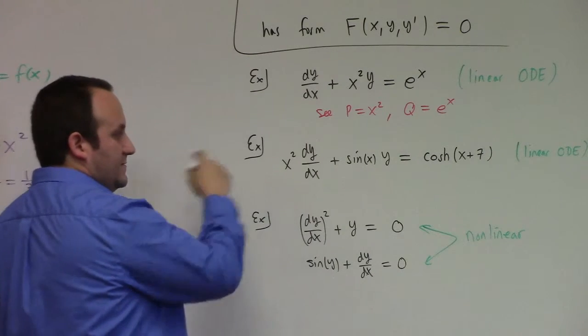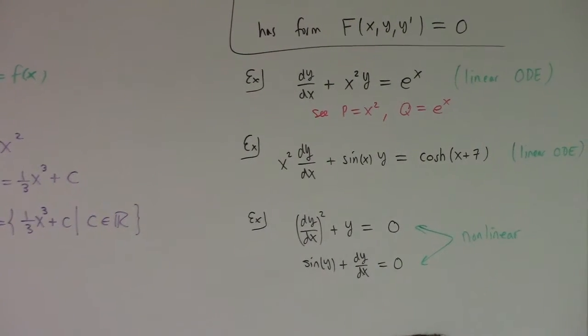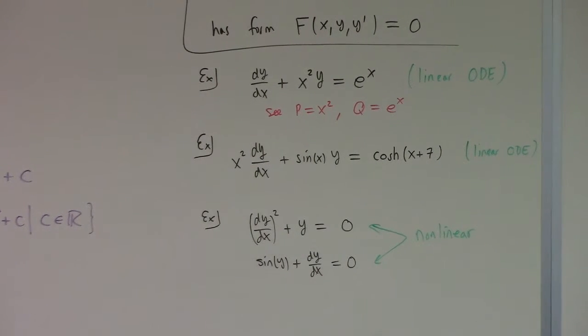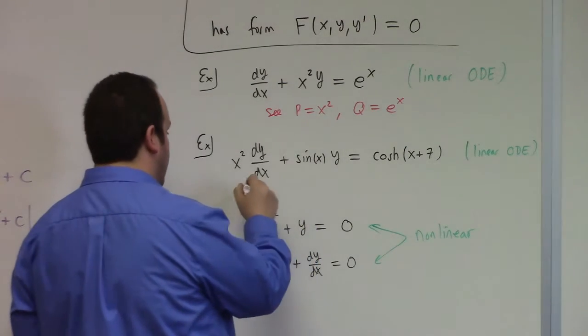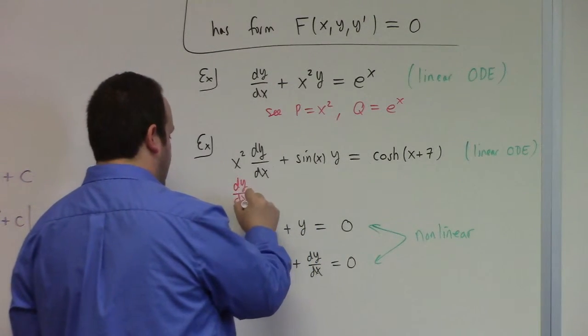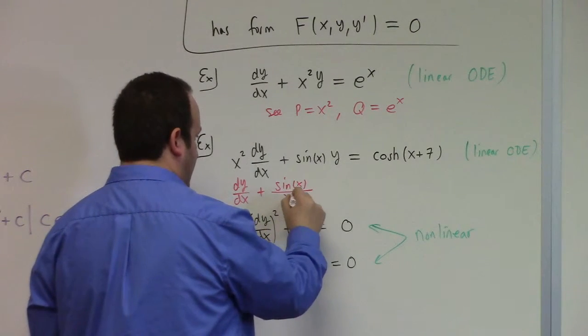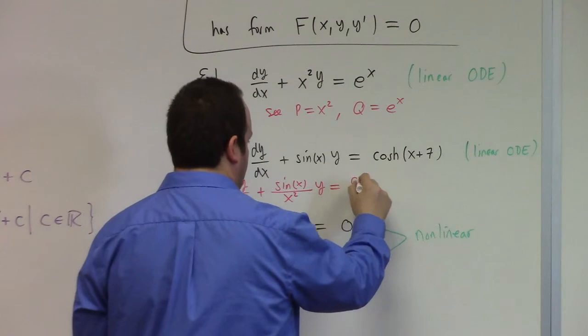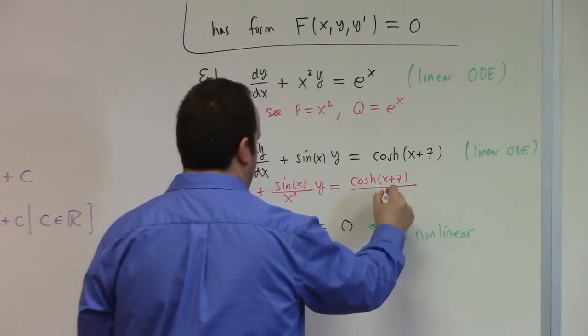Now this one, that's not in standard form, right? Because something other than 1 is multiplying the dy/dx. It's not yet monic. It needs a multiplier of 1. So I divide by x squared, and I get dy/dx plus sine of x divided by x squared times y equals the hyperbolic cosine of x plus 7, all divided by x squared.